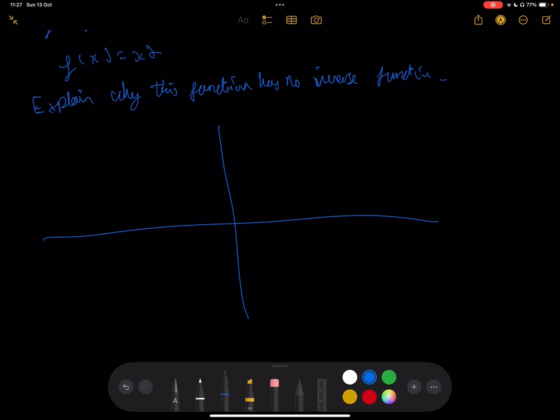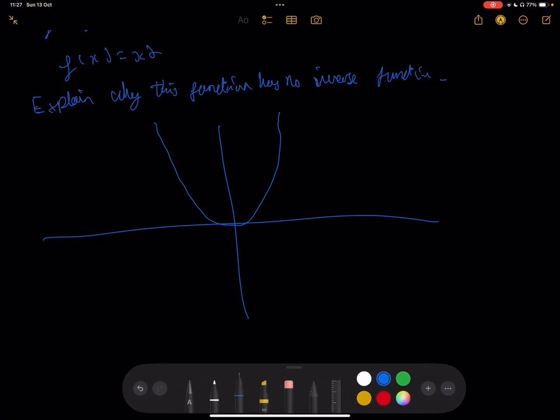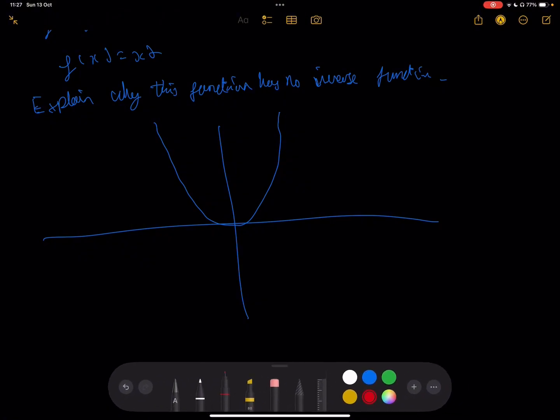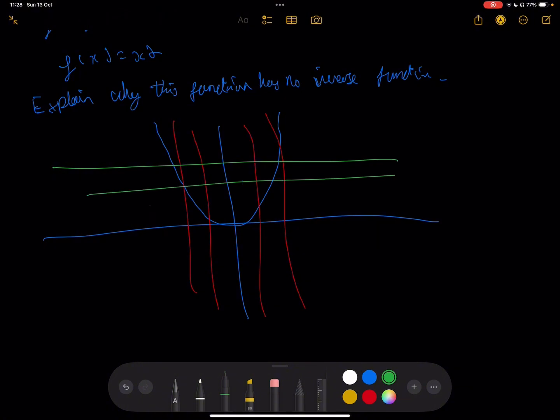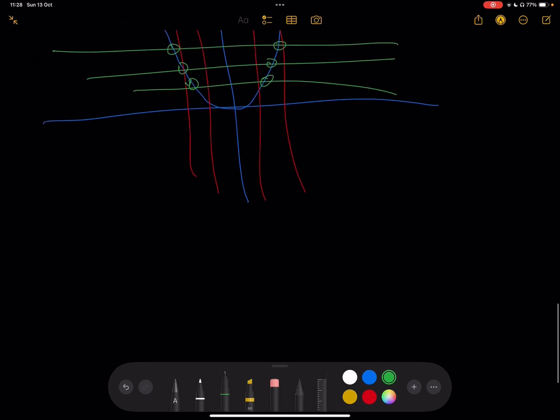So let's draw the graph of y equals f of x equals x squared. So we see this now. Let's try to do the vertical line test. Okay, great, passes that. Now let's try the horizontal line test. If you look at that, it's intercepting at multiple points, therefore failing, and is many to 1.